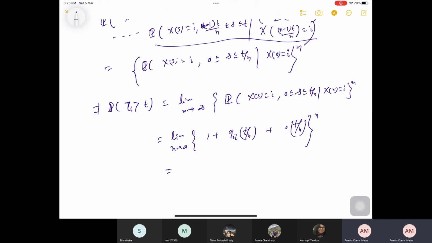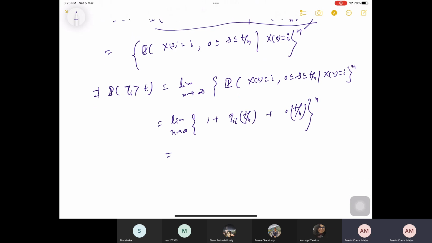So this is something like 1 plus x by n to the power n as n goes to infinity. That is another formula for e to the power x. So this is nothing but e to the power t q_ii. Is it not? Here it is 1 plus q_ii t by n, and small o of t by n we forget about because that goes to 0.